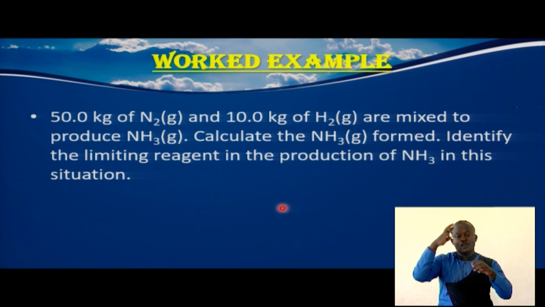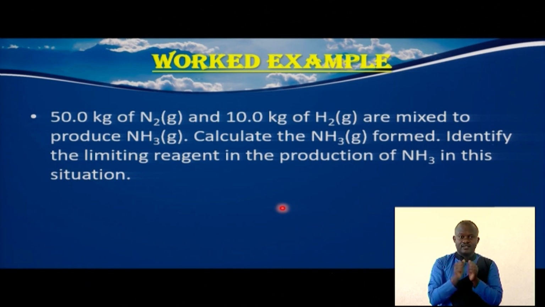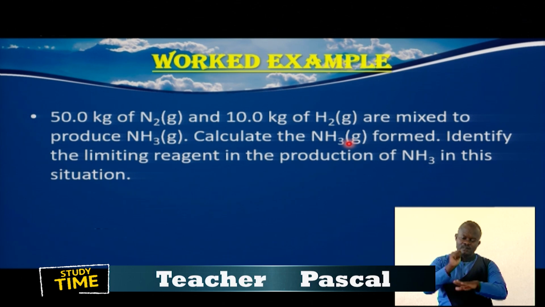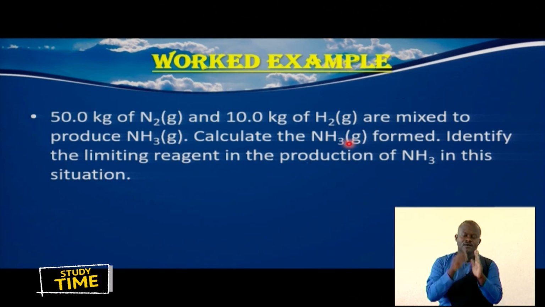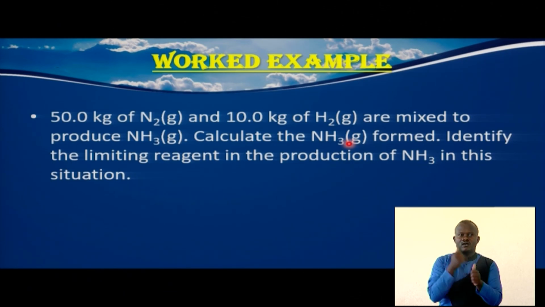Remember, to find the amount or the mass of ammonia which is formed, we need to know which is the limiting reagent, the limiting reactant. Without it, because the limiting reagent is the one which determines the amount of product that will be formed. So let us start with finding the amount of each reactant.